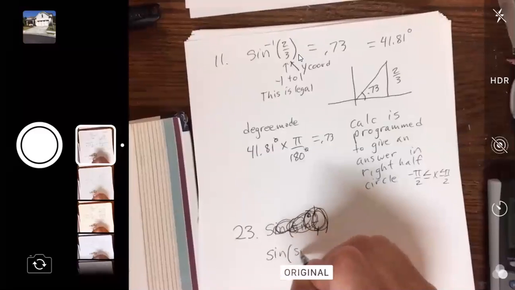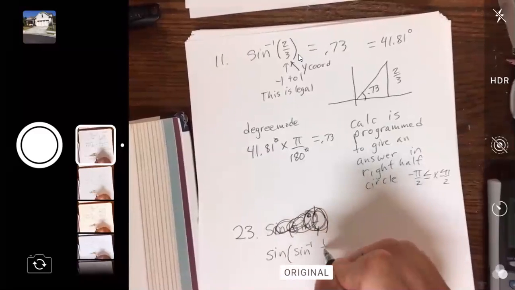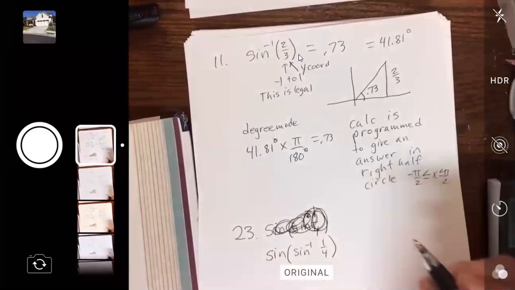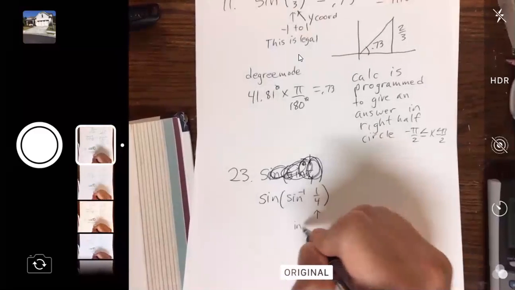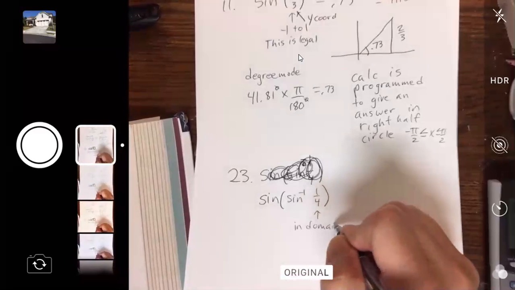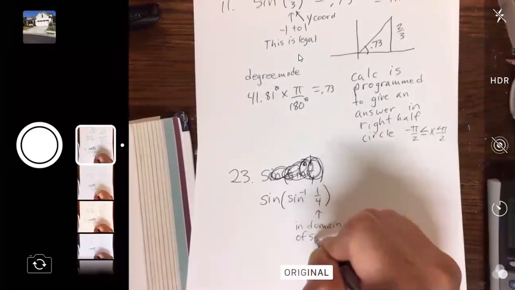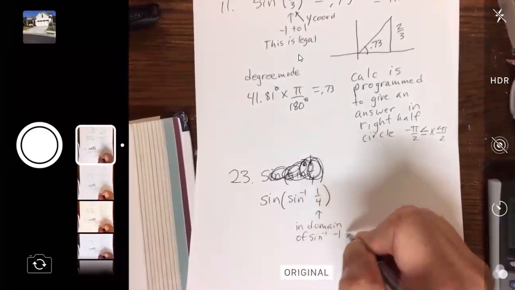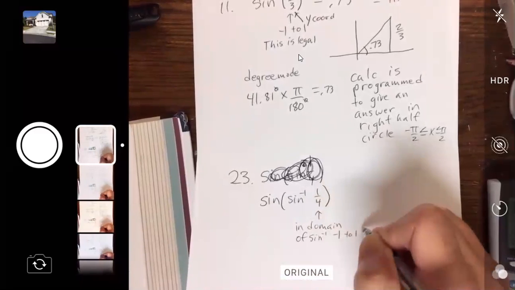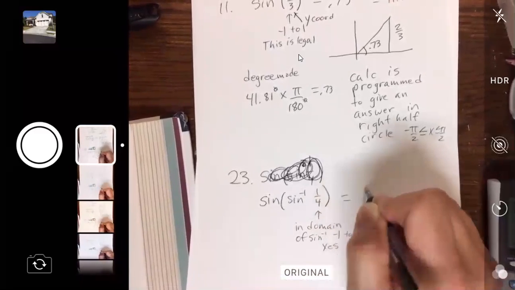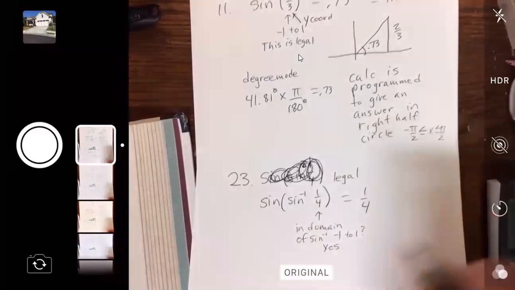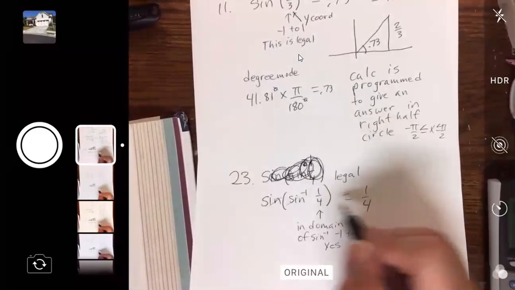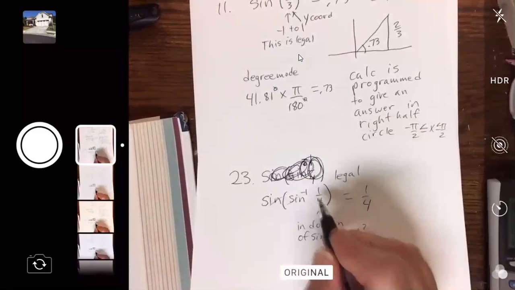Sine of an arcsine of 1/4. There we are. All you've got to do is check the domain of arcsine, -1 to 1. Yes, this is 1/4. This is legal. And these undo each other, and you get, in effect, x, 1/4.